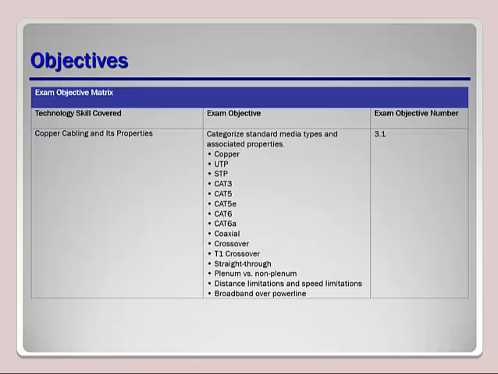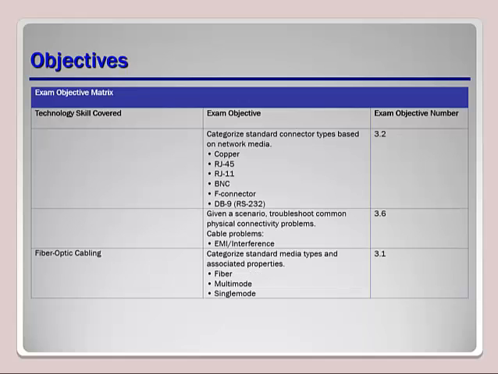So here are the objectives. You can go ahead and browse through these in your spare time, but you can take a look here that these are involving copper cabling and its properties, and then the exam objective topics down below. And we're going to hit some more media and then fiber optic cabling, the types of fiber optic cabling, then shows the exam objective below there.